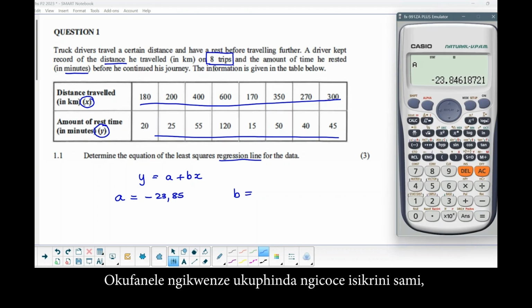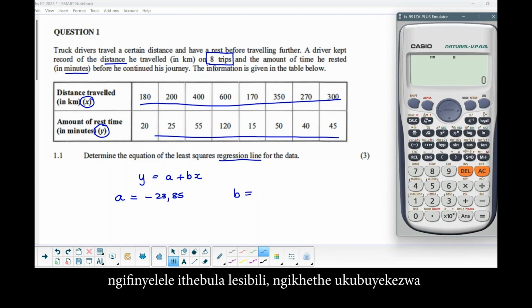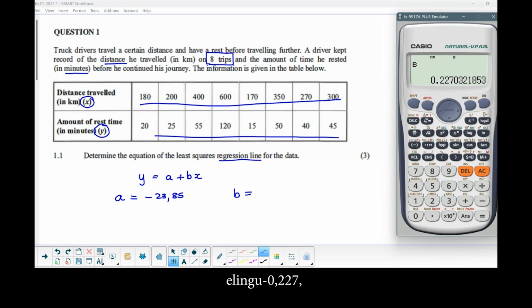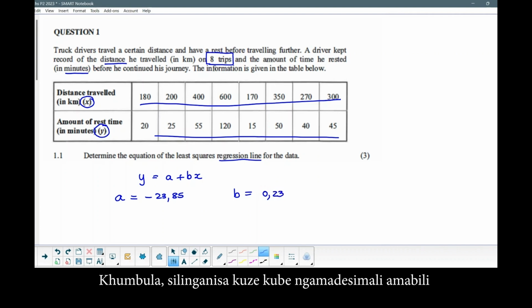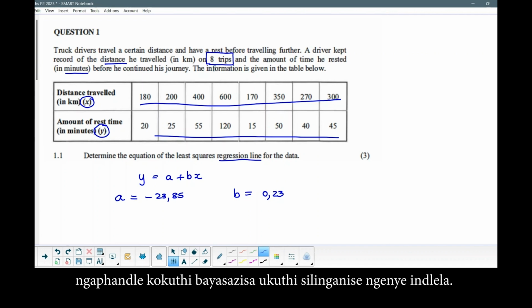All I have to do is again clear my screen, access my secondary menu, choose regression, and now choosing option 2, which gives me my B value, which is 0,227, which rounds off to 0,23. Now remember, we round to 2 decimal places because that is the instruction given to us on the front of the booklet, unless they tell us to round off differently.